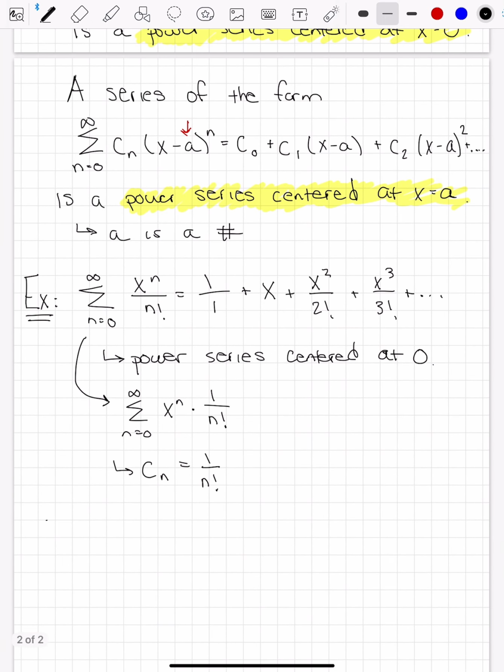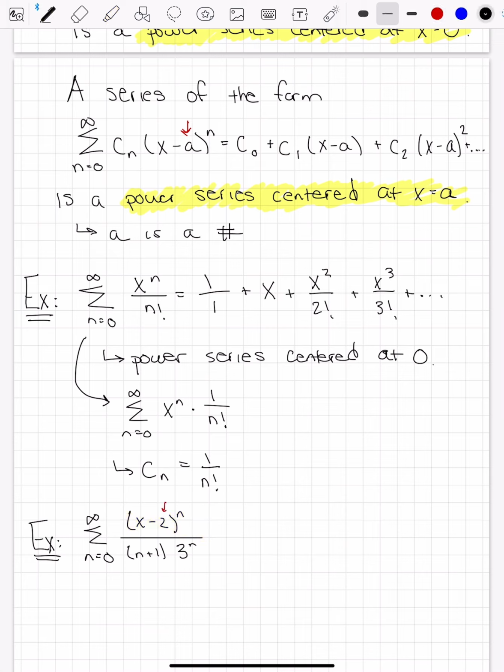And then another example. If we were given the series, the sum from 0 to infinity of x minus 2 to the n all over n plus 1 times 3 to the n. Now we see that for our x to the power of n, we do have a constant being subtracted, that minus 2 there.